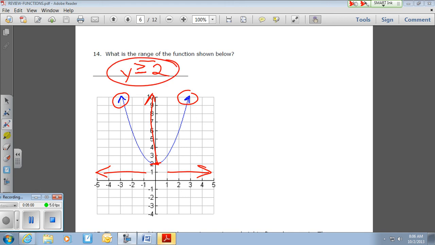This is all I have to write. Y is greater than or equal to 2 because it will bottom out at 2 and it will be everything greater than that. So that's all I have to put for the range. For these kinds of questions, please just make sure that you know what you're looking for, domain or range. All right, next question.